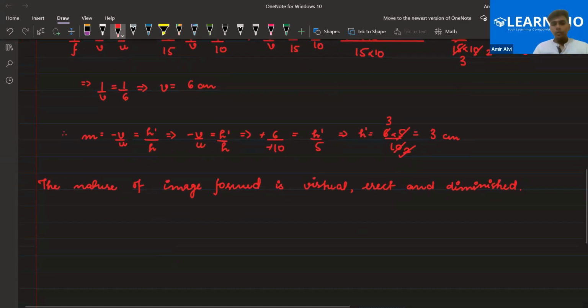Okay. So that's how you implement it. I'm giving you the last question to solve. Then we will start refraction. This is an NCERT question.